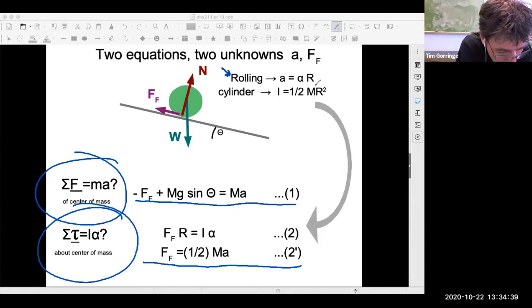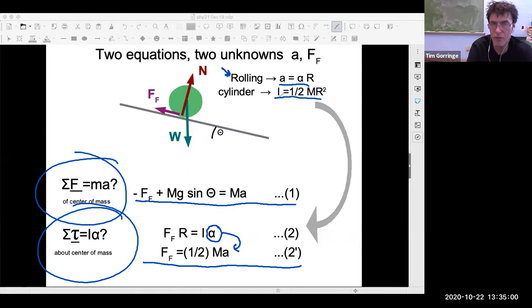And so one thing I'm going to plug in is this equation, A equals alpha R. So that's going to allow me to take the alpha and turn it into an A. And then the second thing I plugged in was from that table I showed you earlier. I looked up what the cylinder's moment of inertia is in terms of its mass and its radius. It's half mr squared. We even discussed that case. And so I plugged that in too. I replace I with half mr squared.